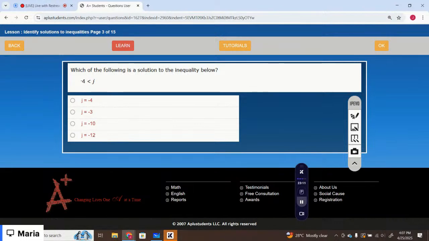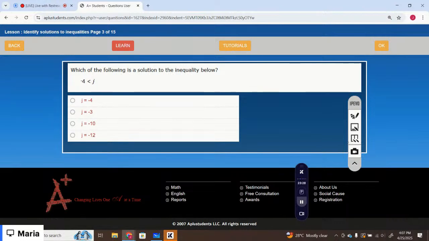Which of the following is a solution to the inequality below? Negative 4 is less than G. So which is the correct option?